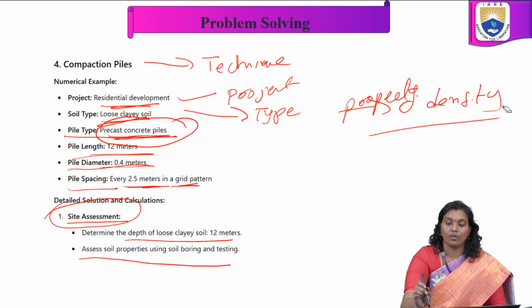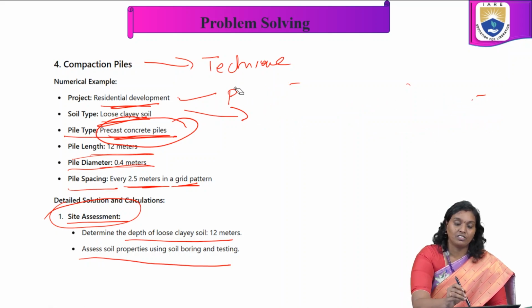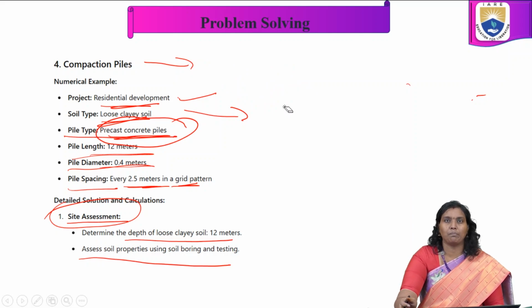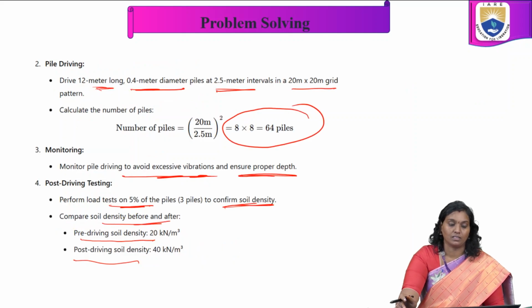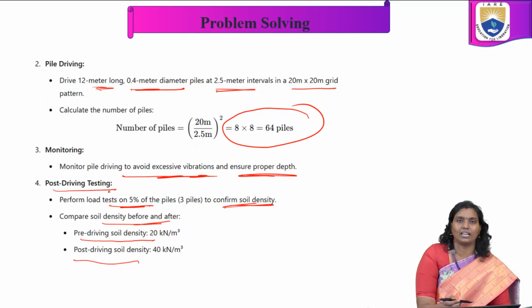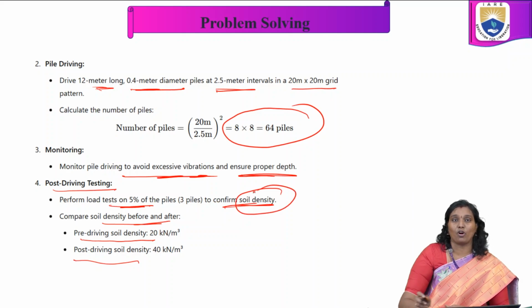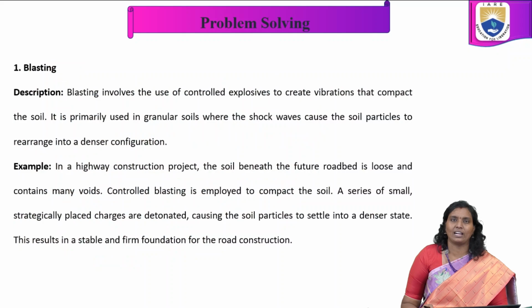Like this, we understand the various parameters involved in a particular technique: in compaction piles, what type of project requirement it is, what kind of soil we are choosing. After the calculation, finally we conduct the post-driving test to understand the soil density, the property, whether it is modified or not, and how much it is modified.